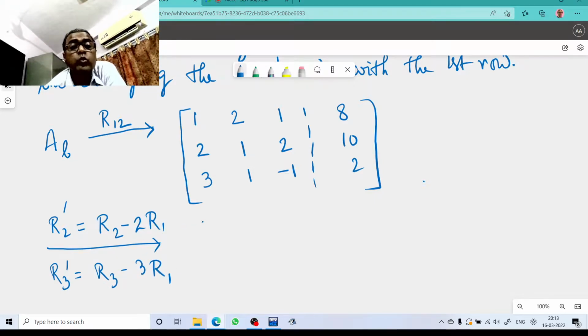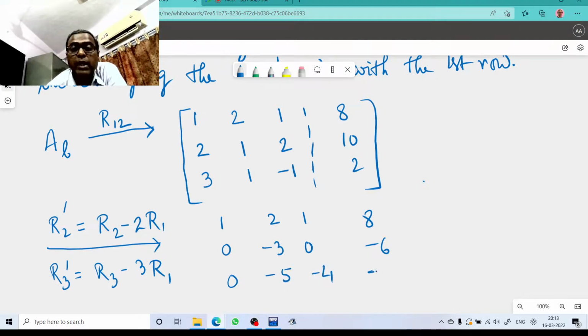By these two elementary row operations, we get 1, 2, 1, 8, and second row 0, minus 3, 0, minus 6, and third row 0, minus 5, minus 4, and minus 22. This is the augmented matrix.